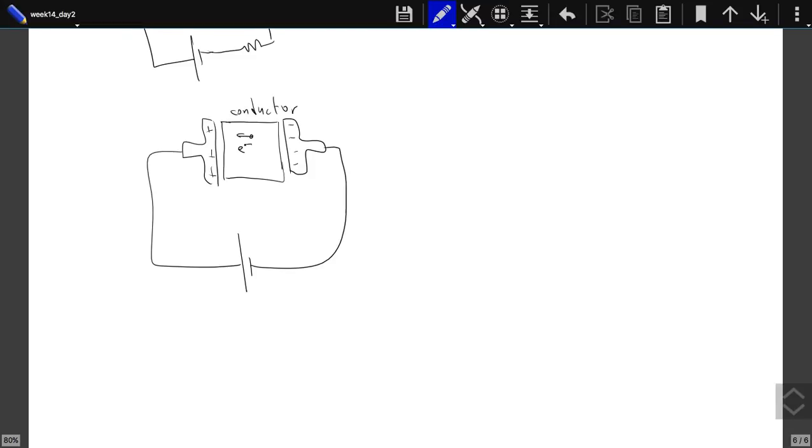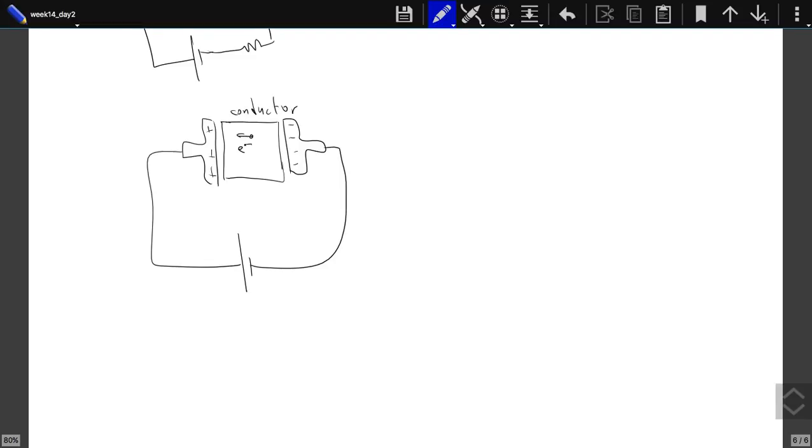Now let's imagine that these charges in my conductor can move infinitely fast. Whenever there's one positive charge over here and one negative charge over here, that negative charge will instantly move to the other side. So there will be no accumulation of charges on these plates, on these connections, and no electric field will build up over there.